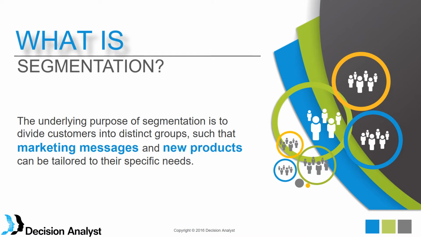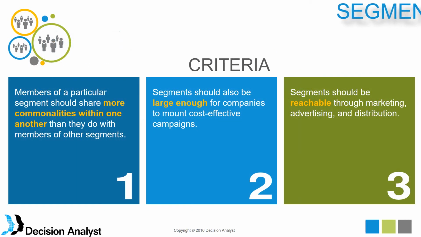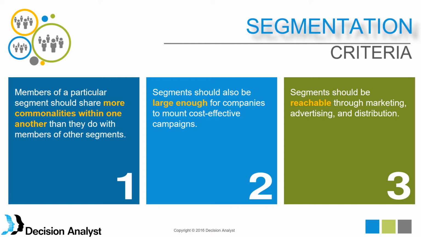The first is to tailor marketing communications to particular customer groups. And the second purpose is to help develop new products. Successful segmentation depends on understanding what customer groups need, how they differ from one another, and how they decide among products and services.